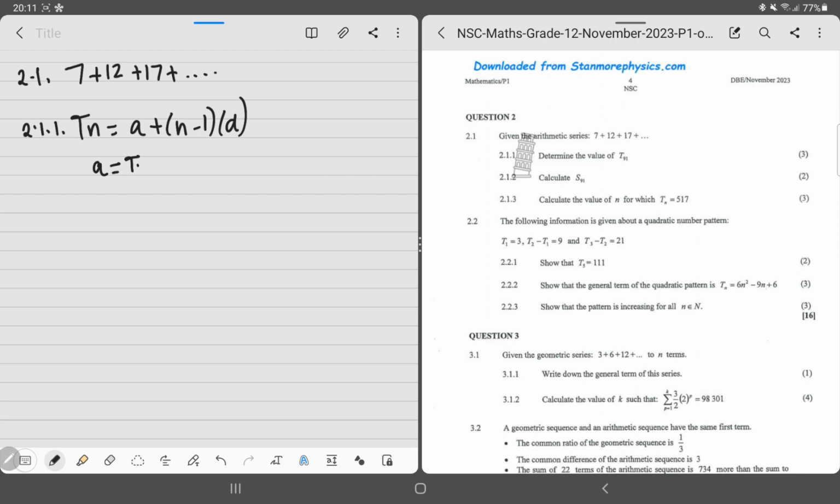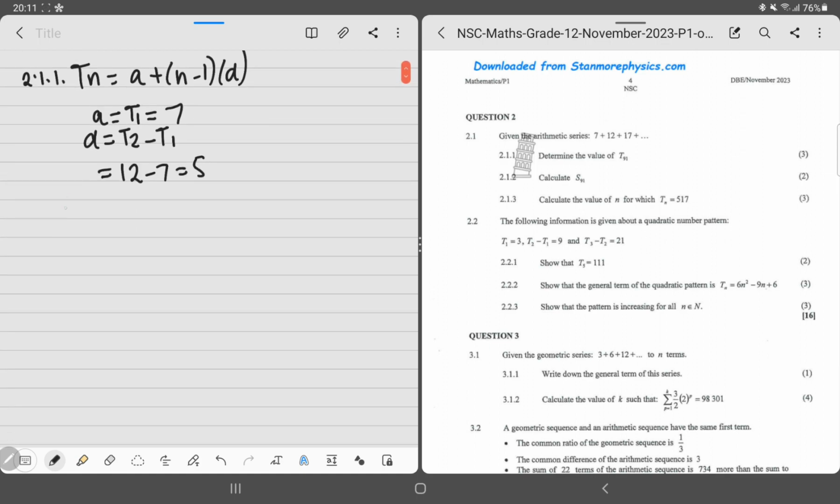A is the same as T1, which is equal to 7. And then d is the difference between your terms. So that's 12 minus 7. It's going to be 5.